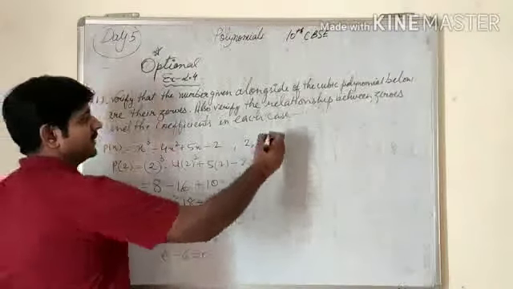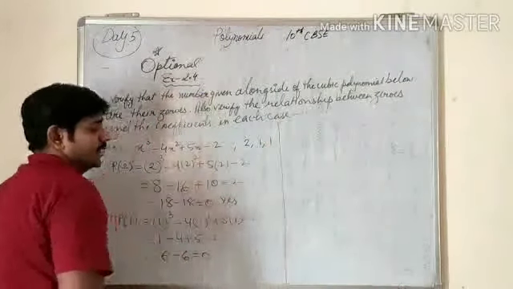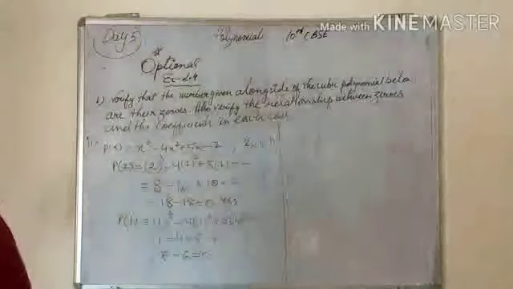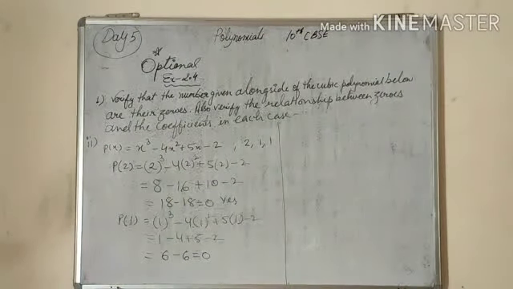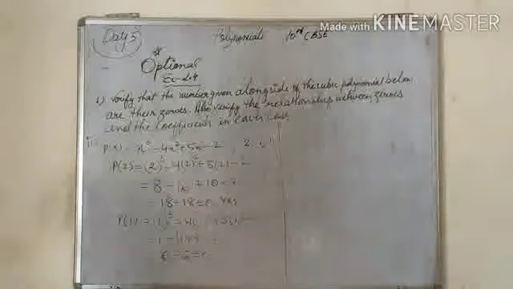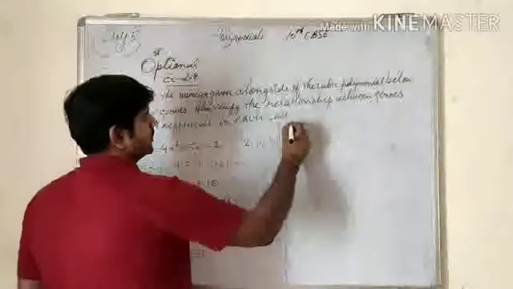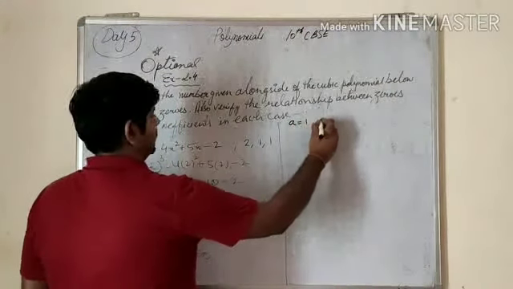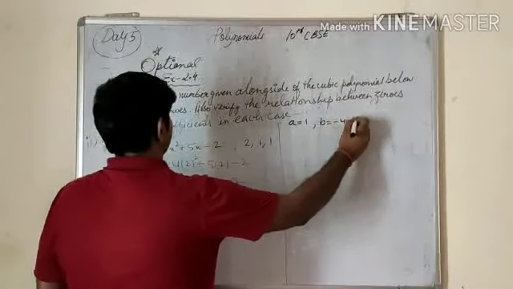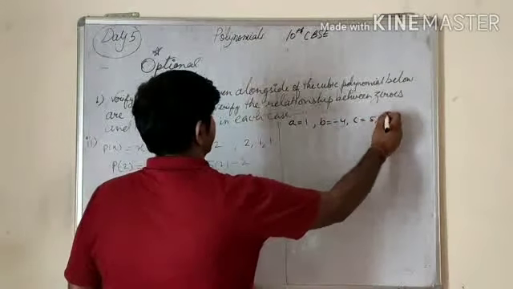Let's apply for relations. There are 3 relations I told you in the beginning. So first of all we will write A, B, C, D. A is 1, B is minus 4, C is 5, and D is minus 2.